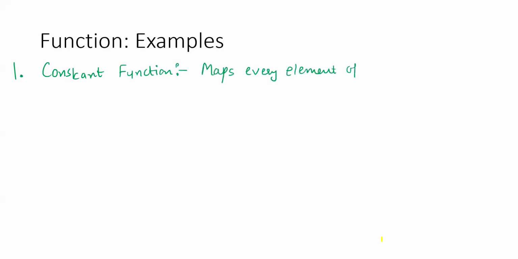Although you can have infinitely many examples created for functions, I have tried to include a few important examples. The first one is the constant function. A constant function is a function which maps every element of the domain to a single constant value in the range.